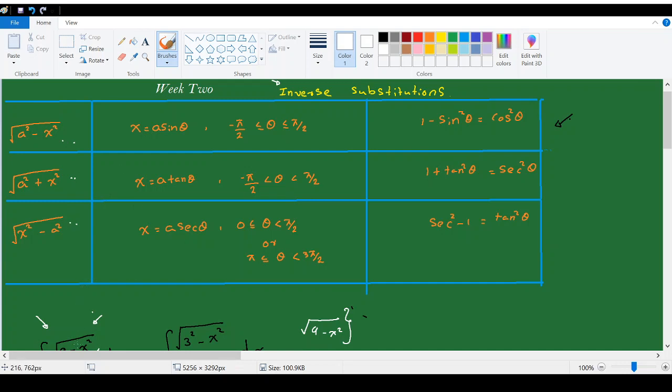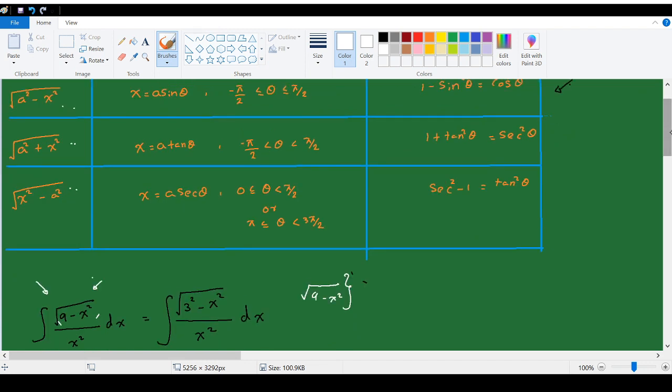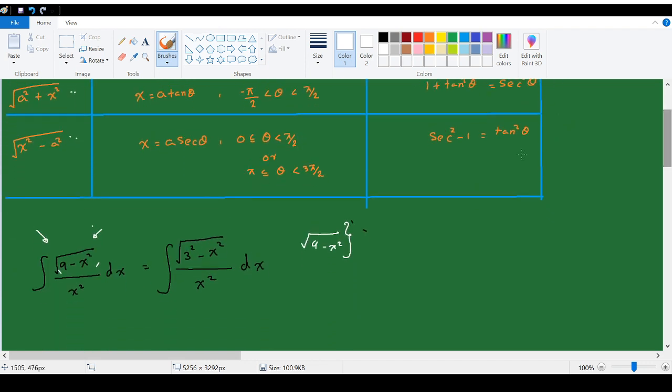In all these three categories we have a number squared with x squared. So first of all we should have some number squared. In the given example we have just 9 as the number, so we should write it as the square of another number, which is 3 squared.